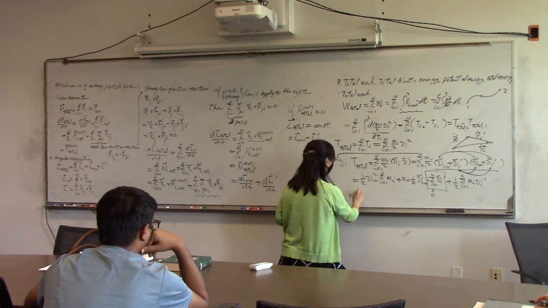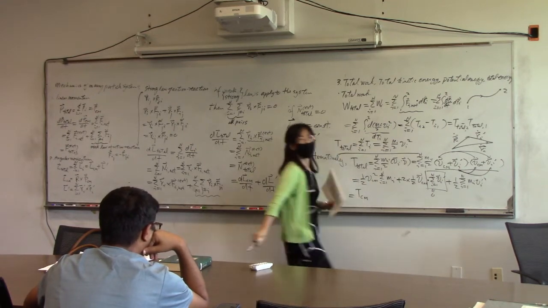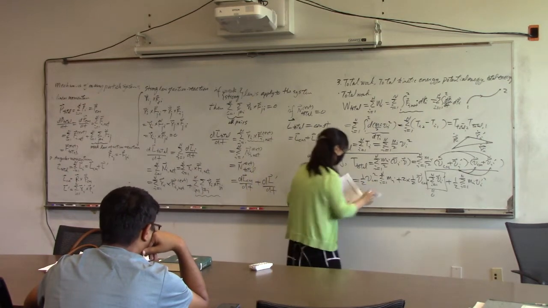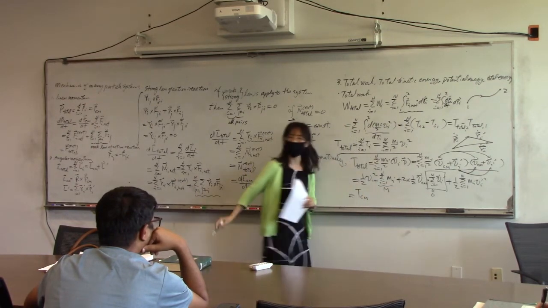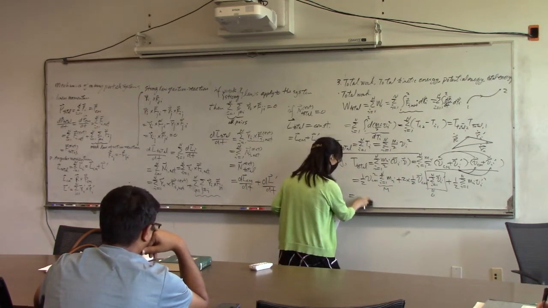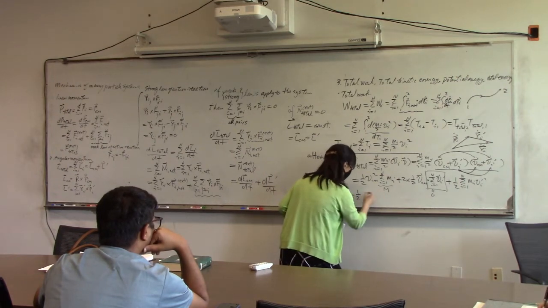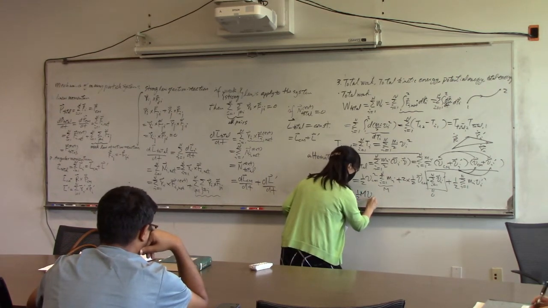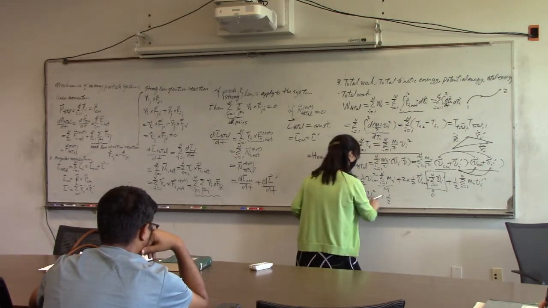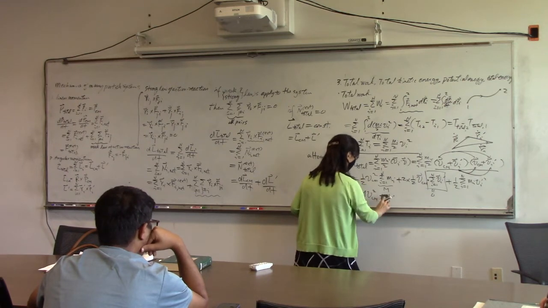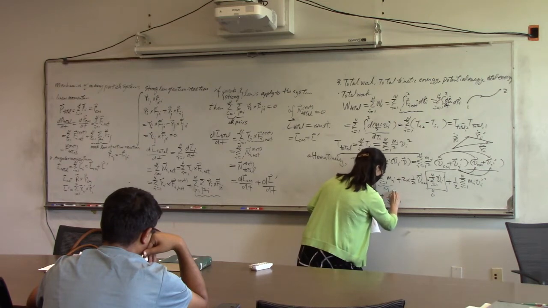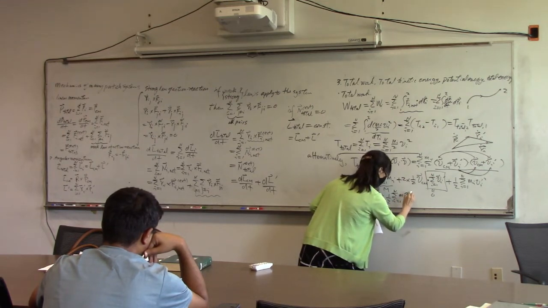First term, I'm going to call the kinetic energy of the center of mass, right? Because this is the total mass, capital M, half M VCM squared. And the last one is half the sum of Mi vi prime squared.